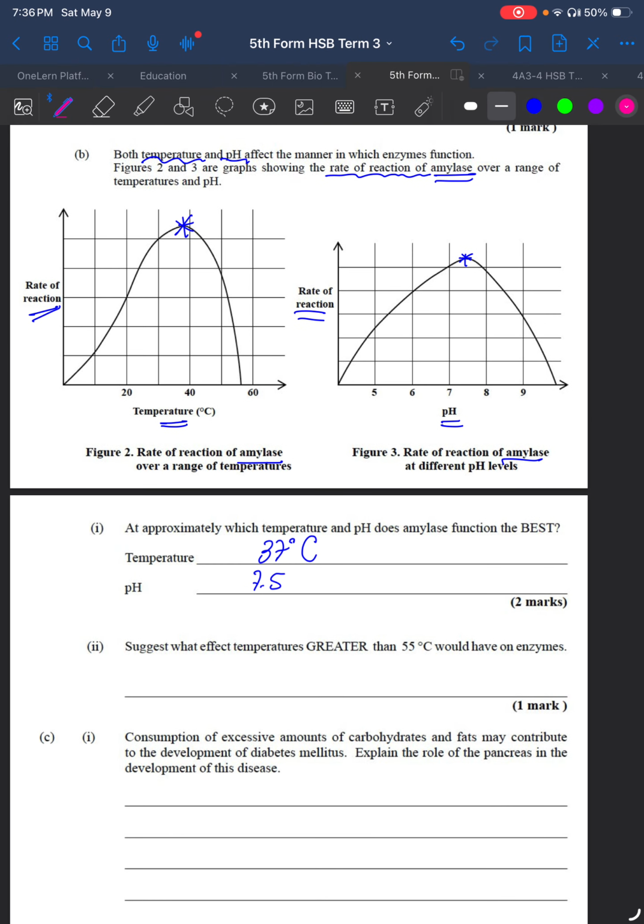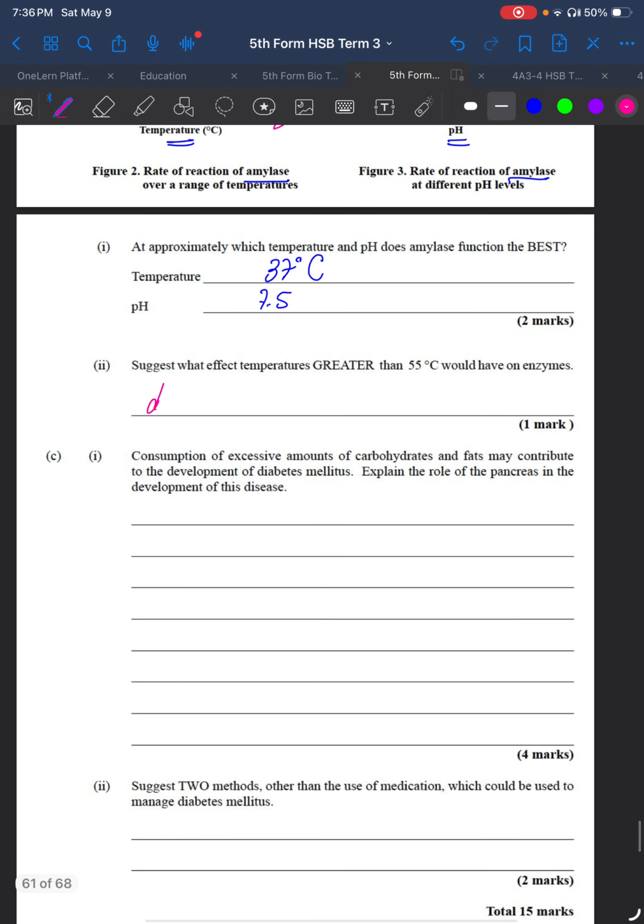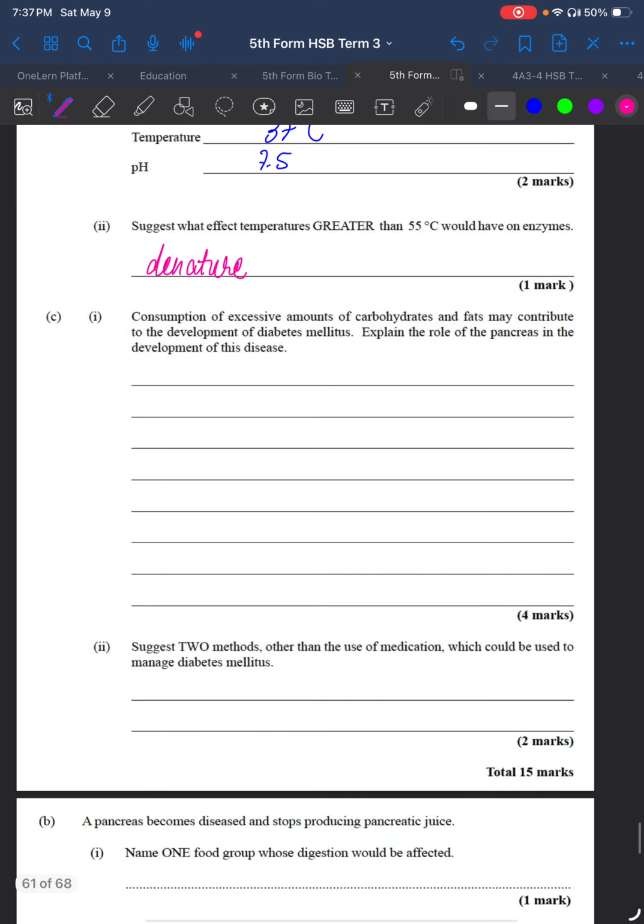So if you go greater than 55 degrees here, this is 50, the enzyme is going to denature, right? It's going to break down, and it's no longer going to have that specific lock and key shape. Remember, we said that enzymes are highly specific, so once that shape changes, it can no longer break down what it was designed to break down.